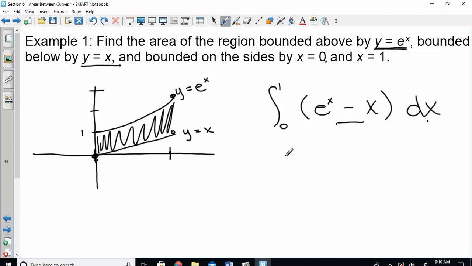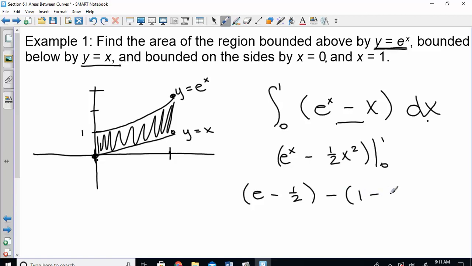What is the antiderivative of e to the x? E to the x. Minus, what is the antiderivative of x? So if I plug in 1, I get e to the first, which is just e. Minus 1/2 times 1 is 1/2. Minus, if you plug in a 0, e to the 0 is 1, minus 0.